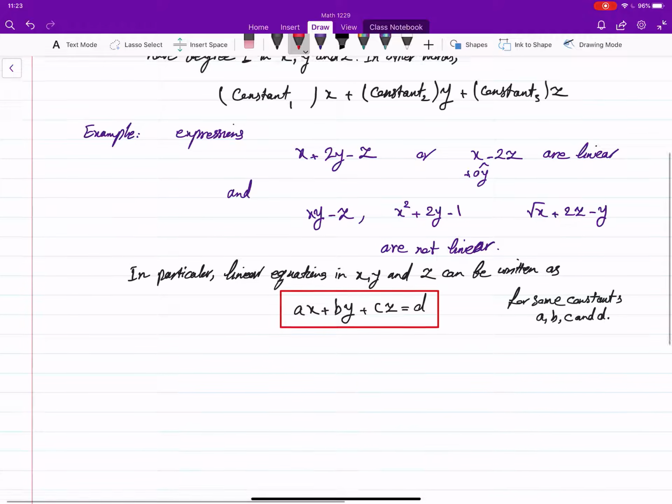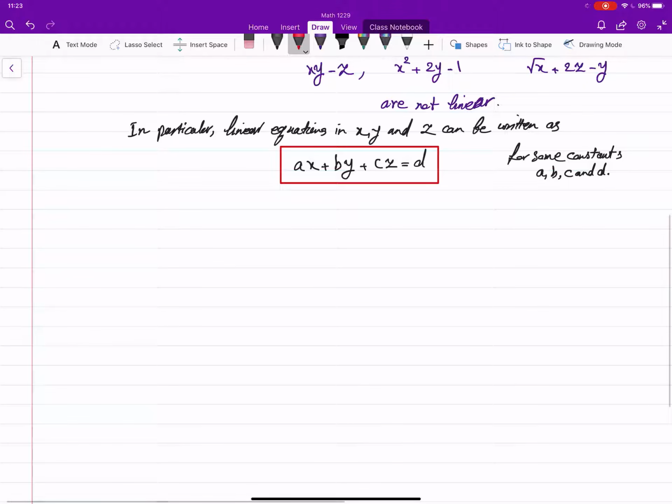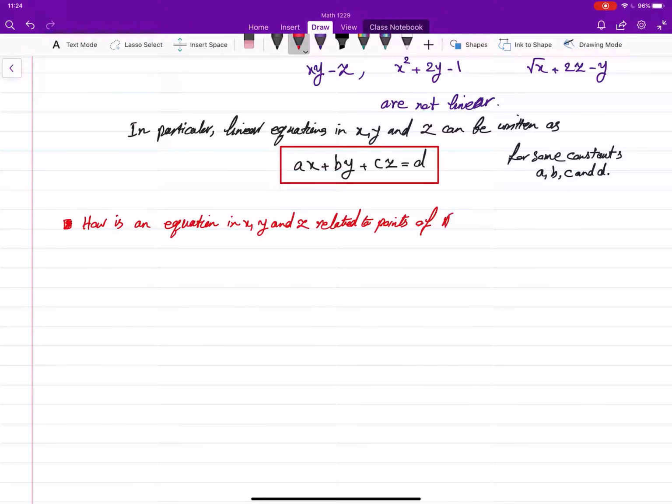But there is a question: how is an equation in x, y, and z related to points of R3?